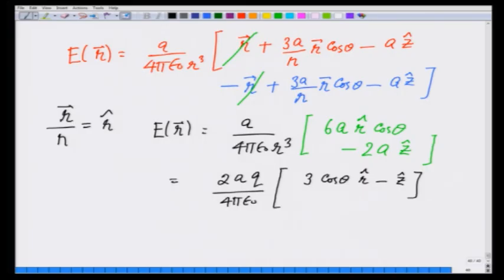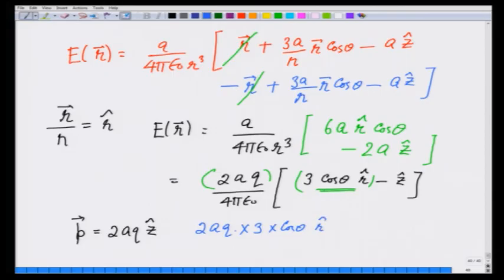I now want to be more general and realize that the P vector is equal to 2 a q z, and therefore the term 2 a q combined with the first term here is 2 a q times 3 cosine of theta r.